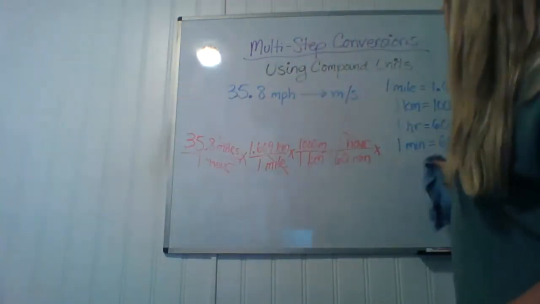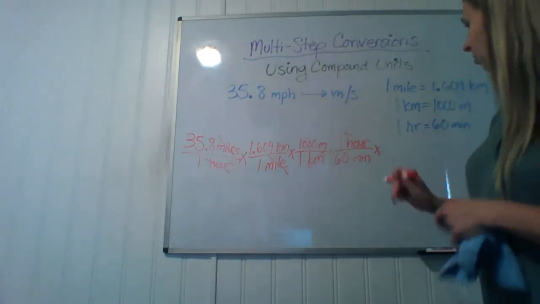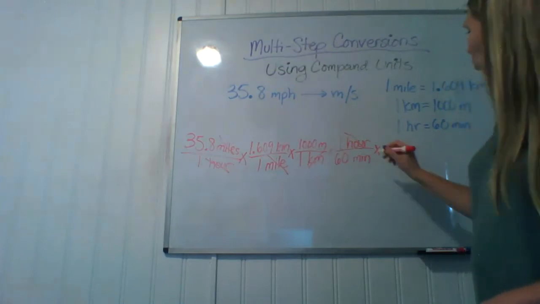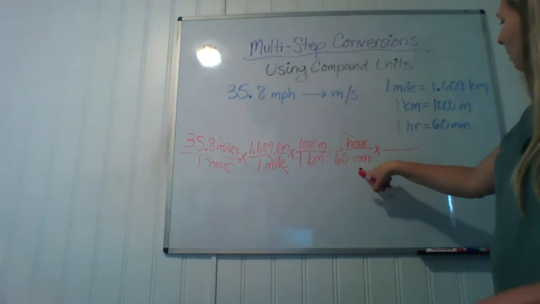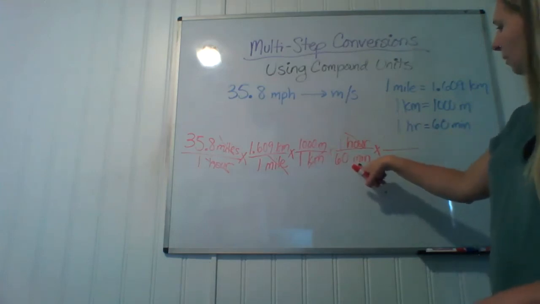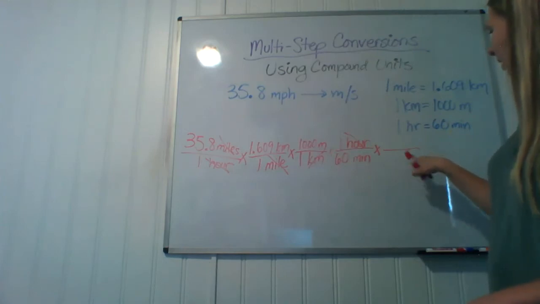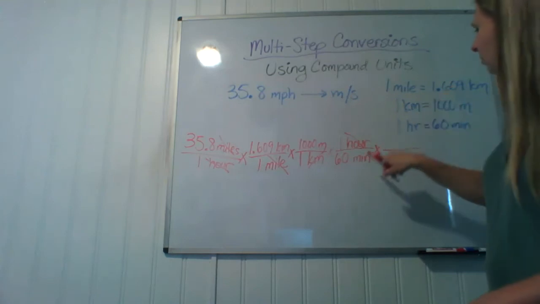Ran out of space. I didn't move it down low enough. It's okay. So we know that 1 minute is 60 seconds. So we're changing minutes on the bottom to seconds on the bottom. That's what we are achieving here in our compound unit.